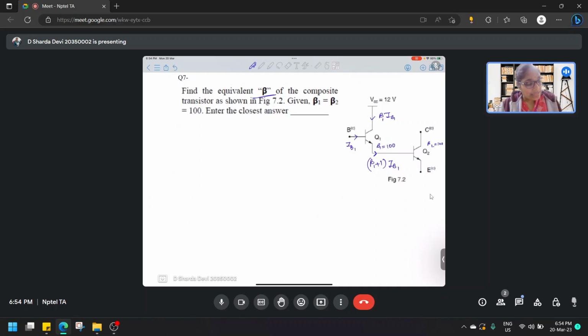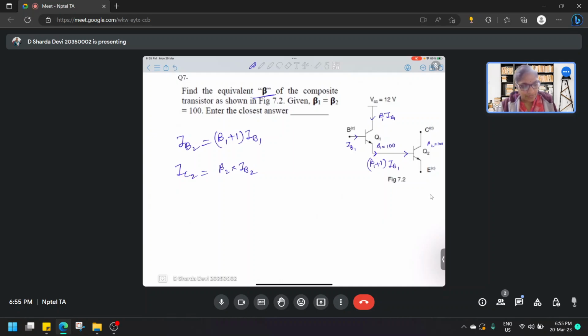Now this is entering as a base current for Q2. So now IB2 is actually beta 1 plus 1 into IB1. Now in case of IC2, how will the IC2 look like? IC2 is beta 2 into IB2, right?